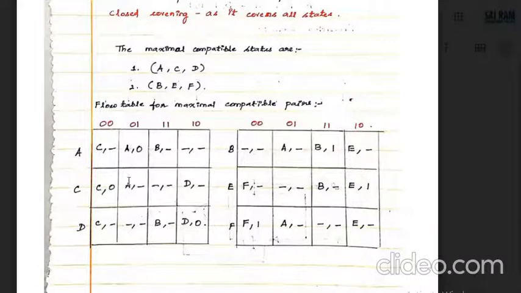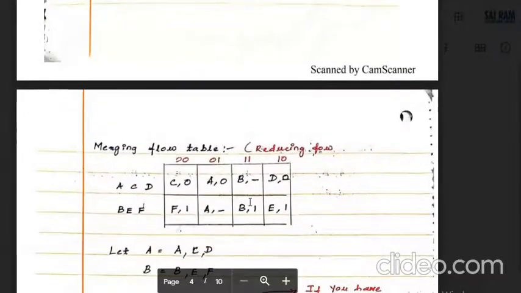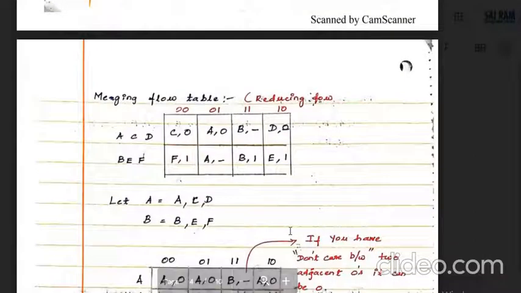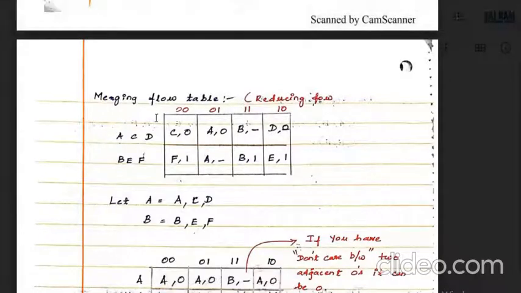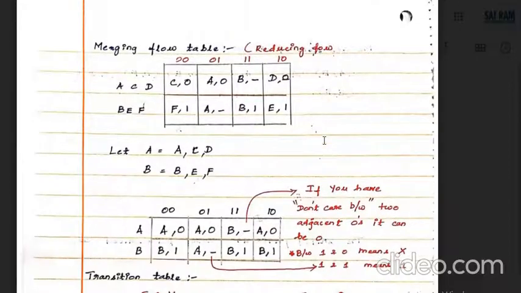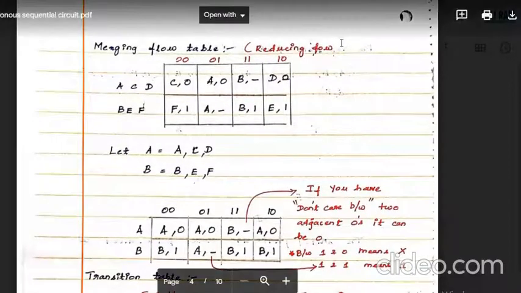A dash, you have to take A, and 0 dash dash, you have to take 0. Likewise you have to take like this. So merging flow table, you take everything and then merge, and then you have to write. Now after merging, let's write this reduced flow table. Now we have reduced the flow table by merging the flow table.